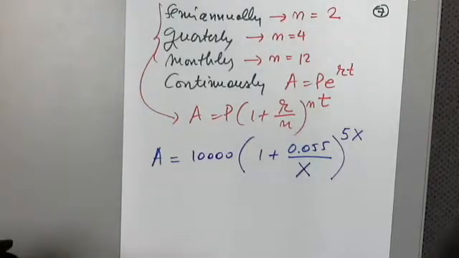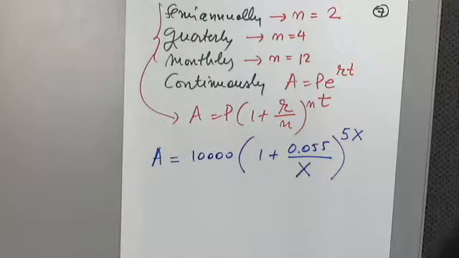I will put this function in the graphing calculator, so let's do that together, because I want all three numbers at the same time. Can I do it step by step? Of course. Okay, so in y equals, clear everything else, and let's put in 10,000, parentheses, 1 plus 0.055 divided by x.